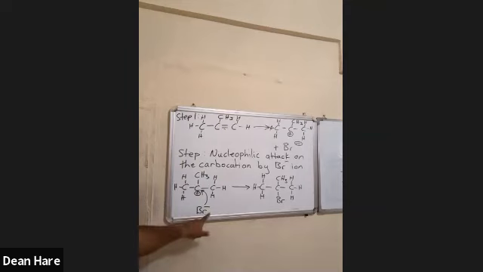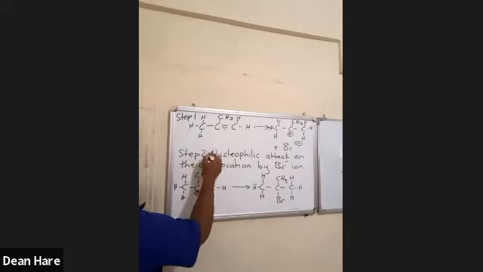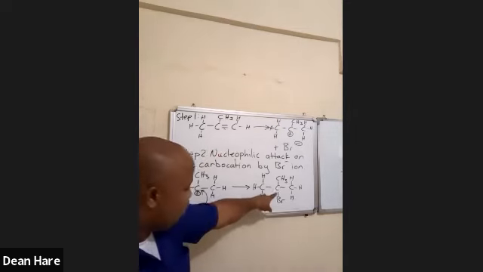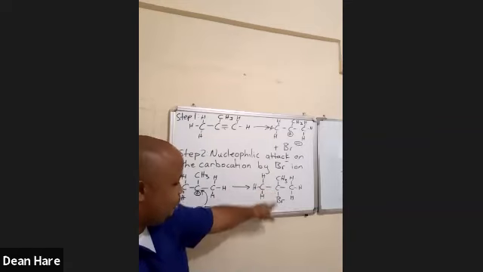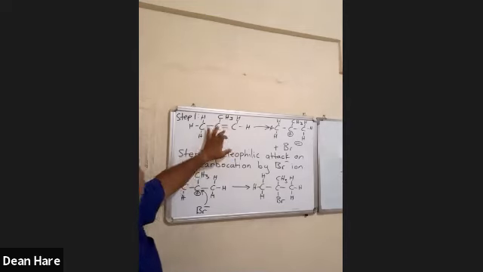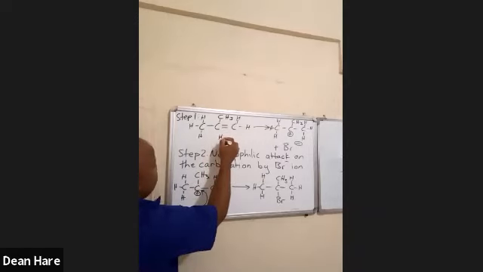The bromide ion in step 2 is going to attack the carbocation, and that's how we get the bond we form here between bromine and the carbon atom. So for the addition of HBr, it is only 2 steps.